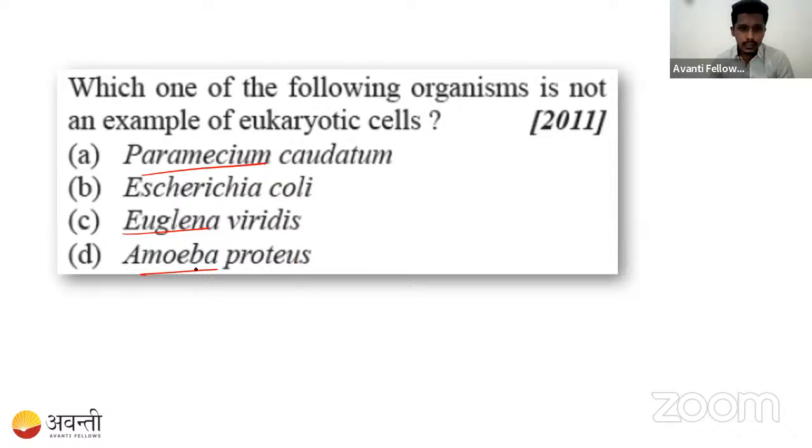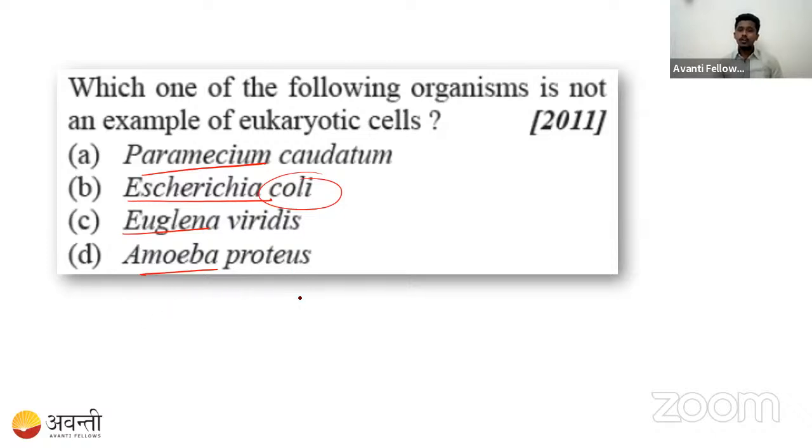When it comes to Escherichia coli, even if you don't remember it, there are round shaped cocci and rod shaped bacilli, and coli is a round shaped bacteria. Are they eubacteria? Are they eukaryotes? Are they prokaryotes? All the bacteria belong to prokaryotes, right?